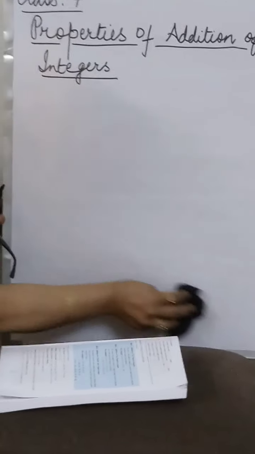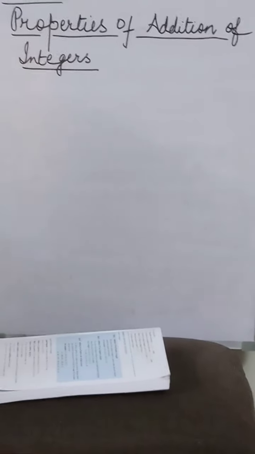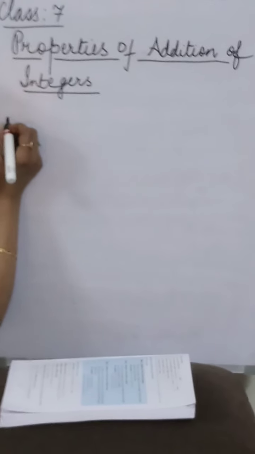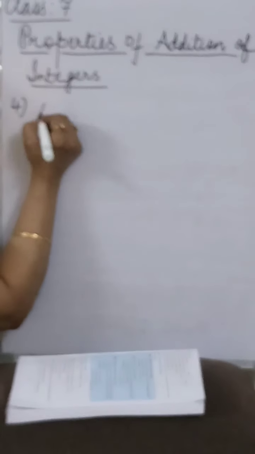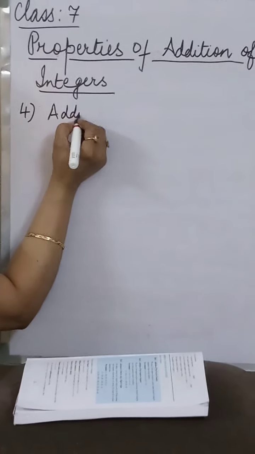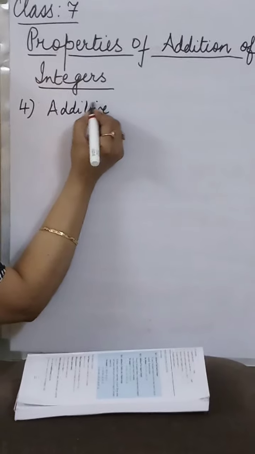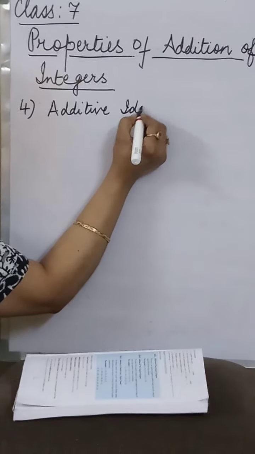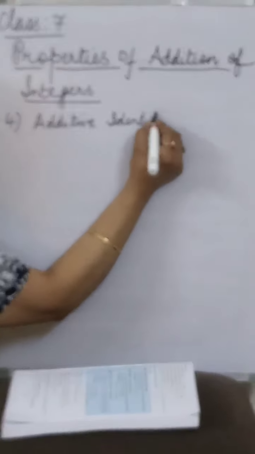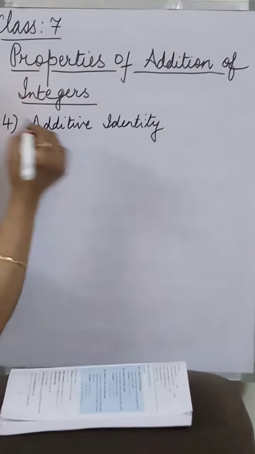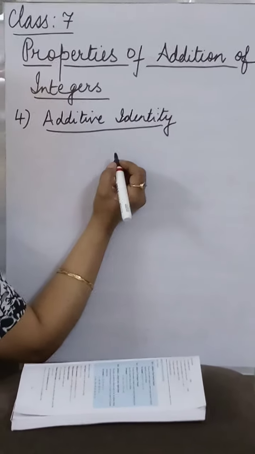Similarly, in additive identity, we are going to talk about the identity of any number and what should be added to that number so its identity remains the same. Additive identity means that on addition, the identity of the number does not change. It remains as it is.